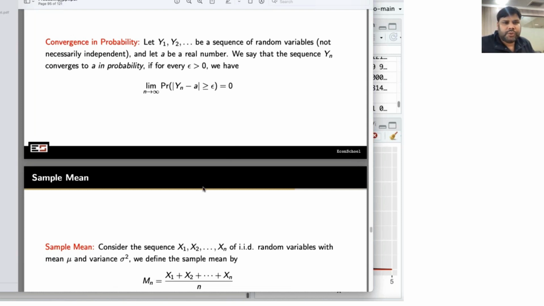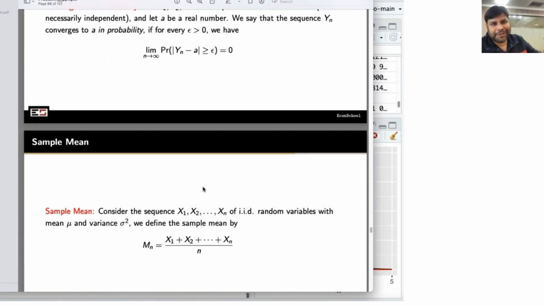Okay, so that's convergence in probability. Now let's consider a sequence of IID random variables. From that I construct another sequence of random variables, which is known as the sequence of sample means. Let me explain what that is.